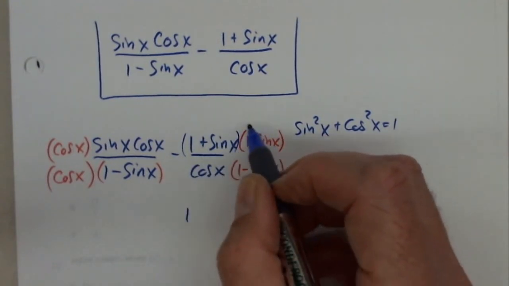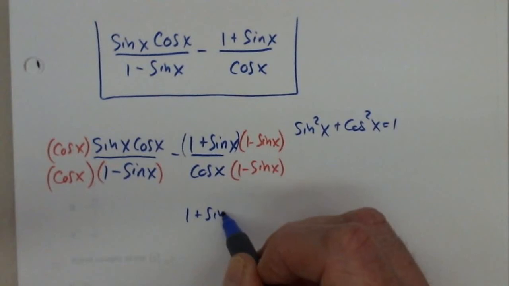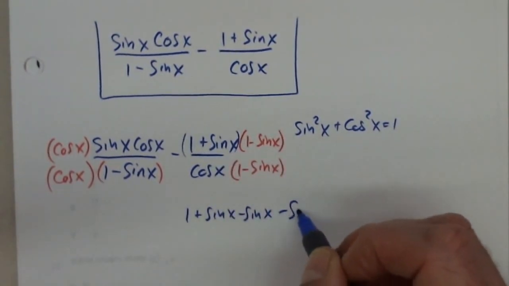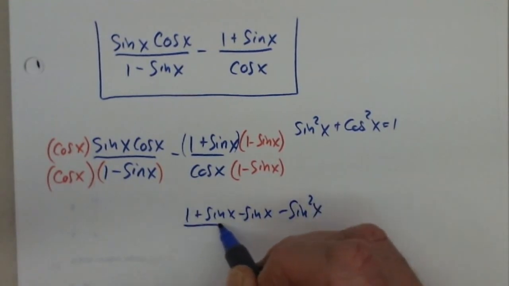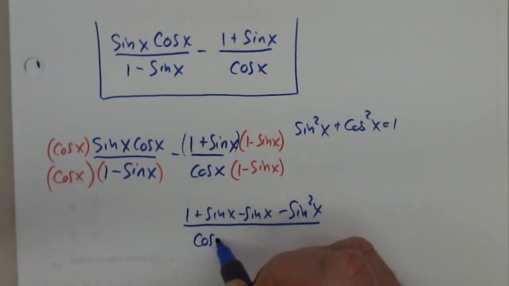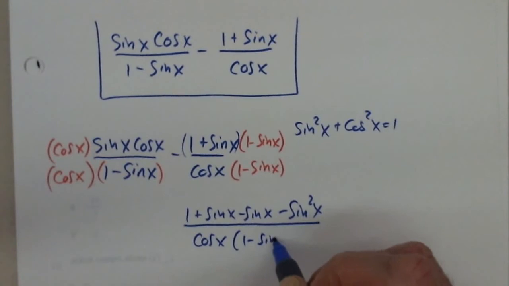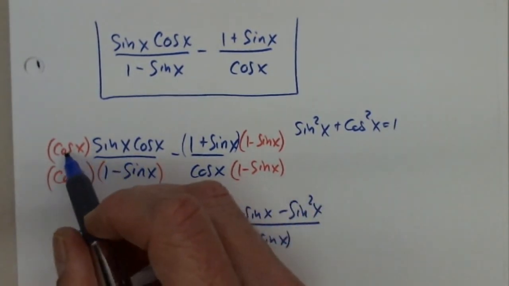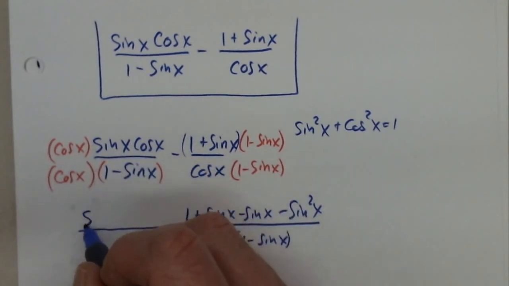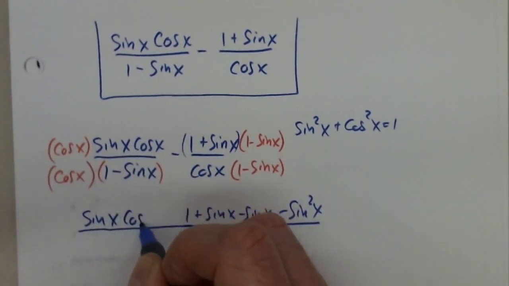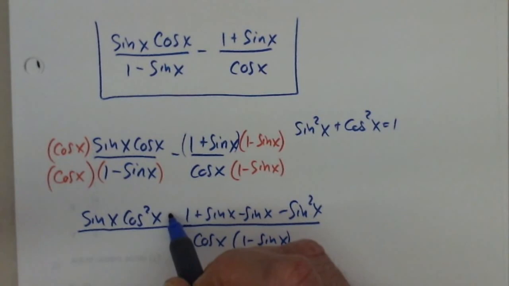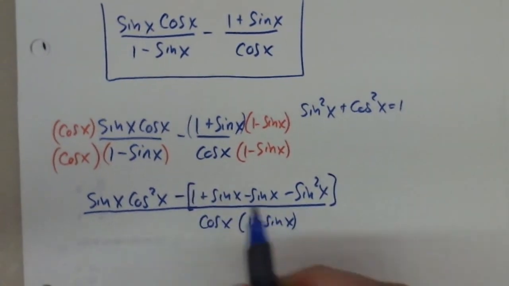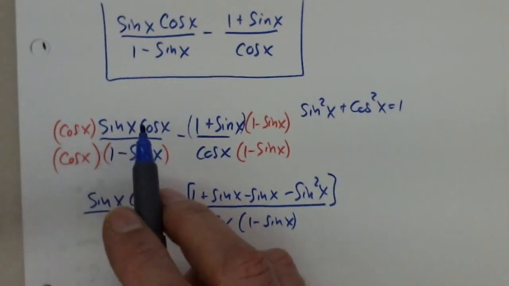This would be a sine minus sine plus sine minus sine. That'll cancel, and then we get minus sine squared. Let's leave this. And we'll have sine cosine squared minus all of that. All right, so I just did cosine times cosine.